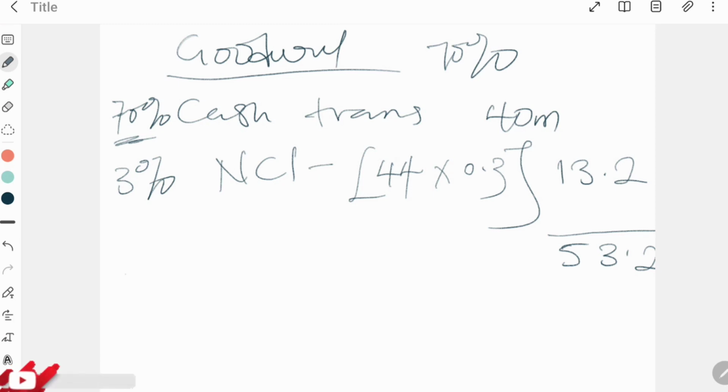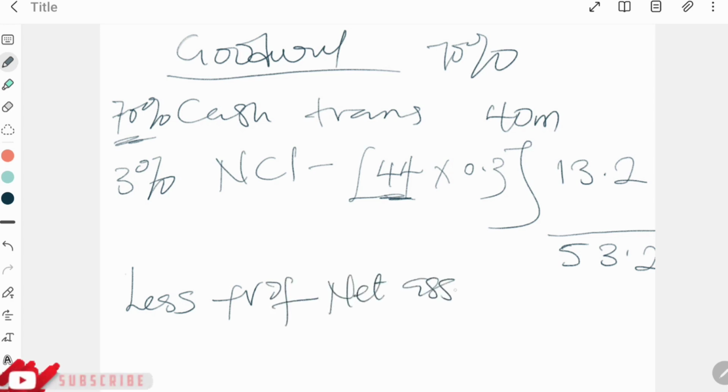But for this tutorial, we've already assumed that our net asset is 44 million. So we're going to less fair value of net assets, 44 million.